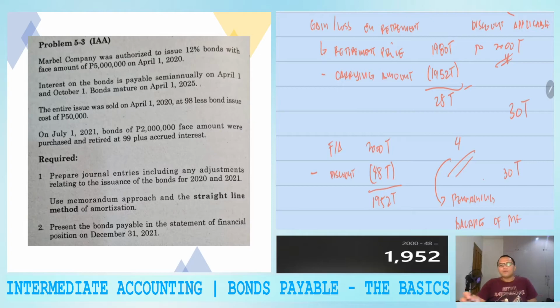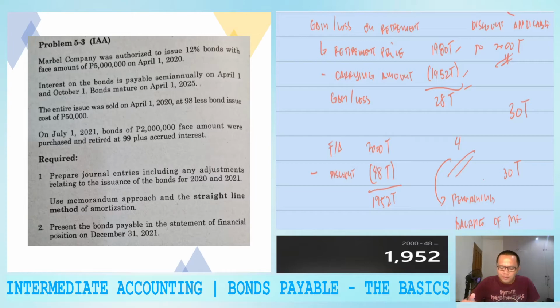Deduct that, we have a difference of 28,000. Now, how are we going to determine if this is gain or loss on retirement? Ganito. Let us think na yung carrying amount, ito yung utang. Okay? Ito yung utang na dapat natin bayaran. And ang retirement price is magkano yung binayad. Okay? Remember that ha? Magkano yung binayad natin.